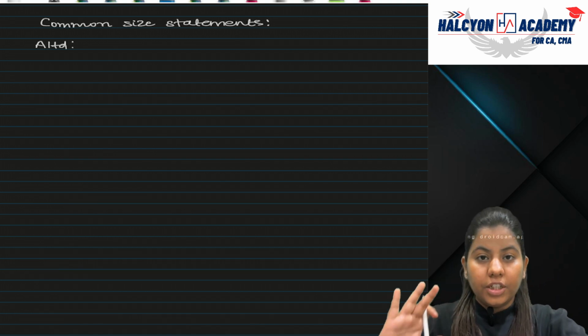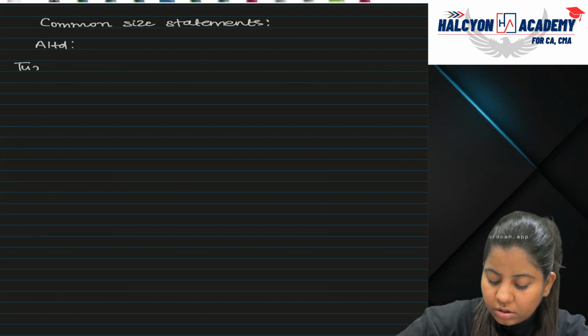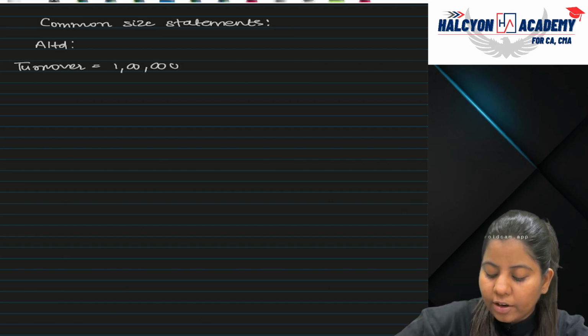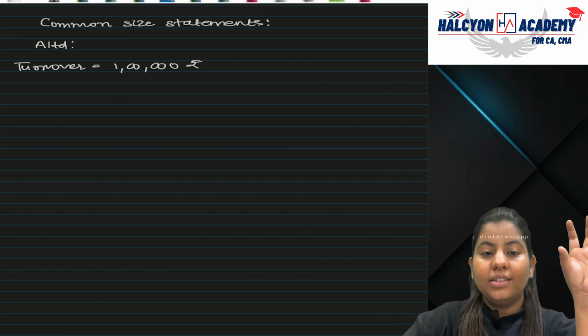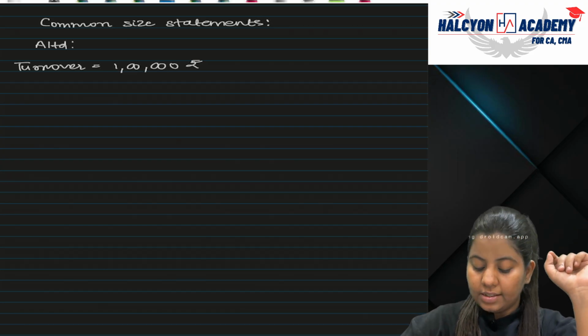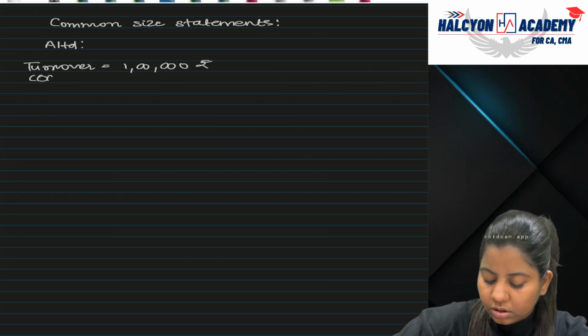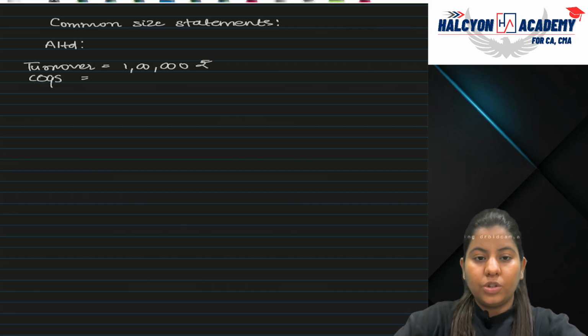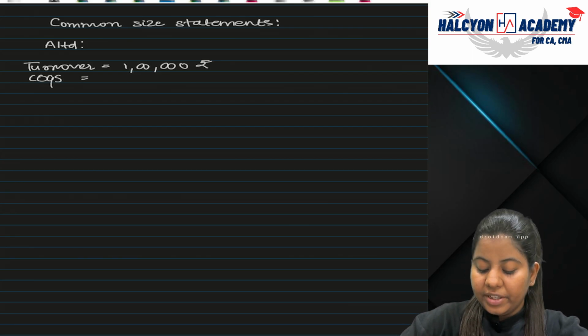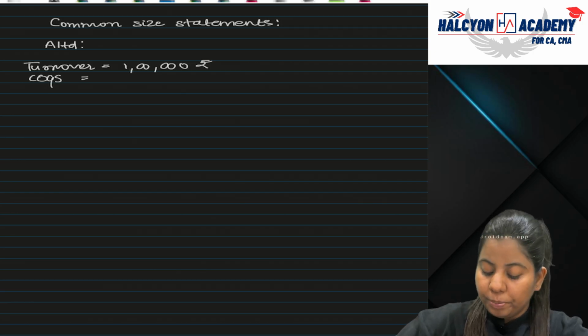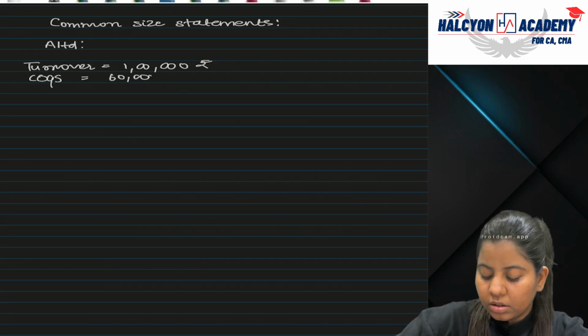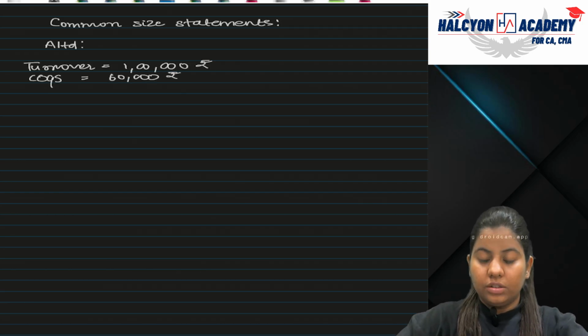Which is having a turnover of 1 lakh rupees. A Limited is having a turnover of 1 lakh rupees. Okay. Now, cost of goods sold. A Limited is having cost of goods sold for rupees 60,000.